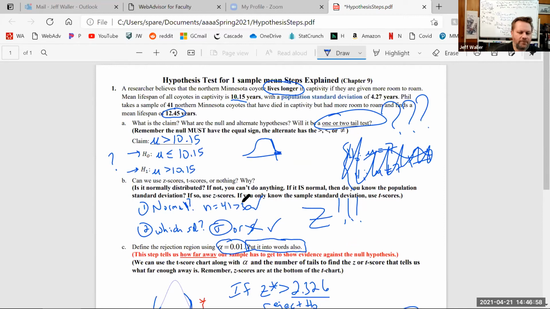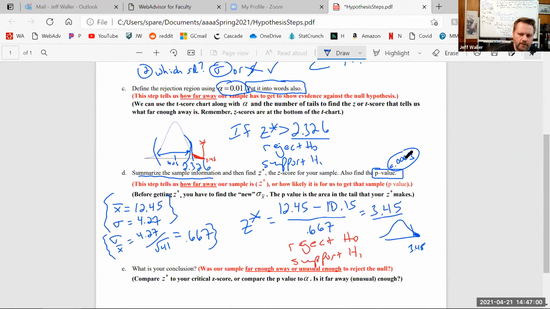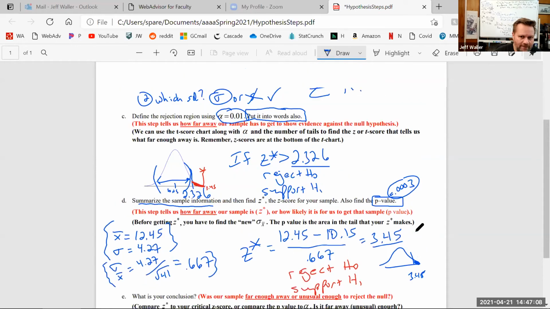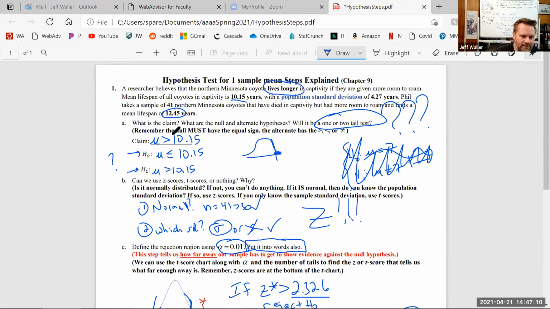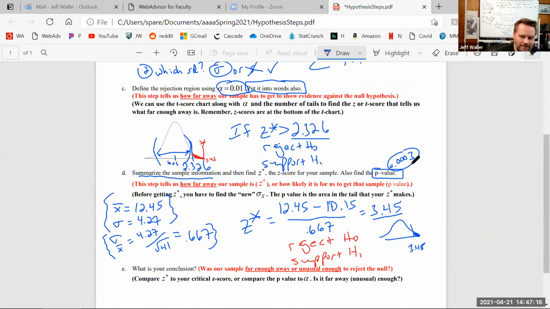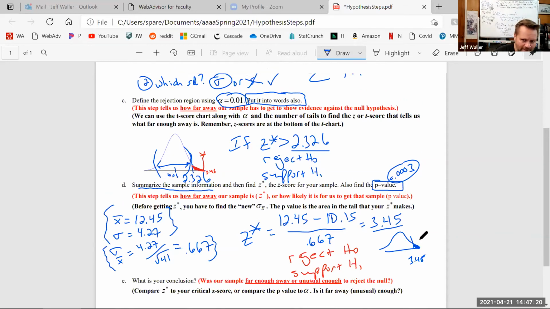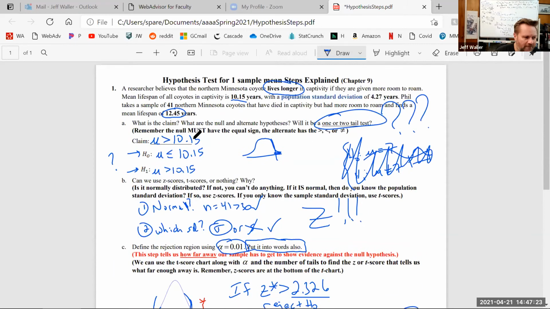Do you understand? Let me put that all together again. The p-value is the probability that we get a sample where we did if this is the real mean.